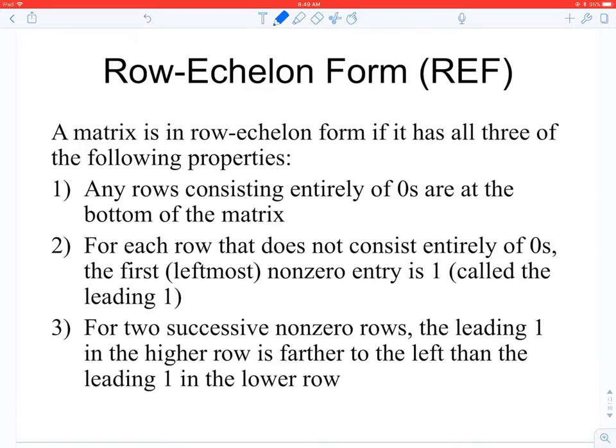A matrix is in row echelon form if it has all three of the following properties. Any rows consisting entirely of zeros are at the bottom of the matrix. For each row that does not consist entirely of zeros, the first leftmost non-zero entry is 1, called the leading one. And for two successive non-zero rows, the leading one in the higher row is farther to the left than the leading one in the lower row.